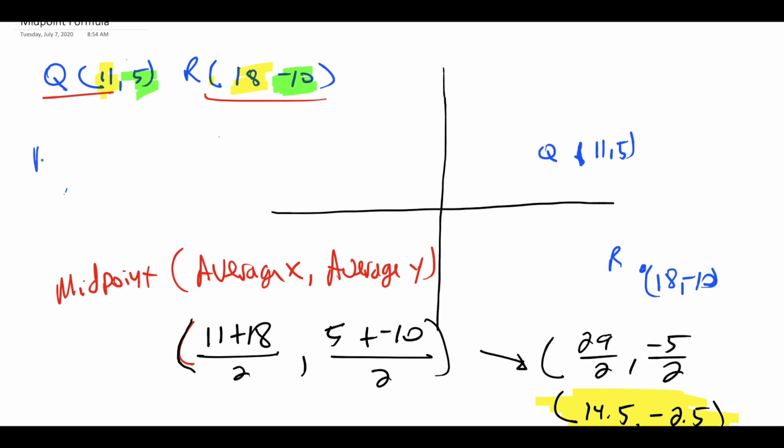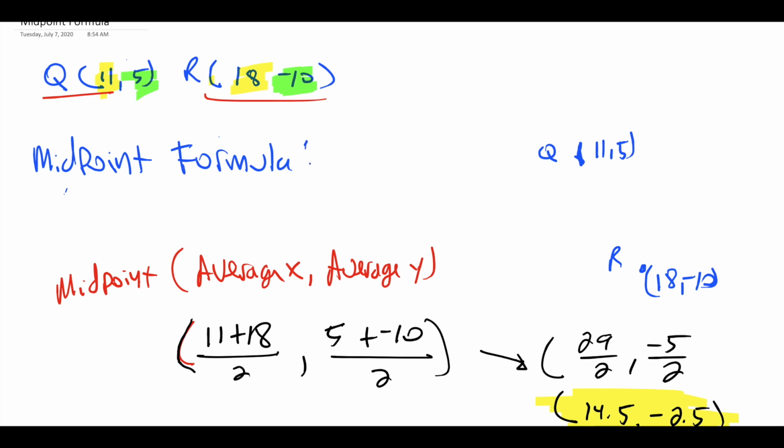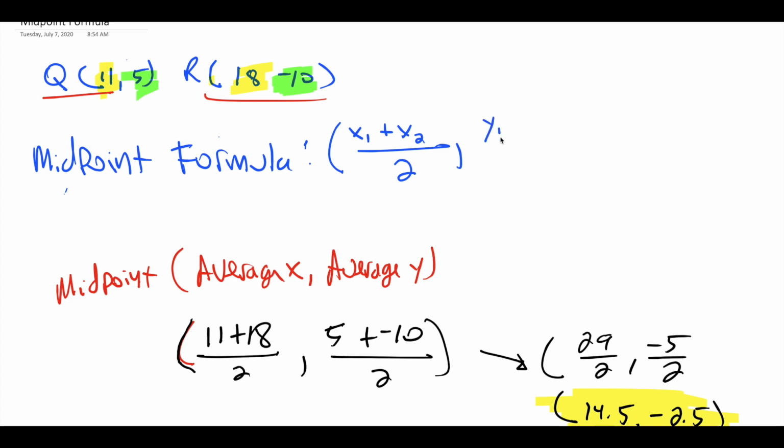The midpoint formula is x1 plus x2 over 2, comma, y1 plus y2 over 2.